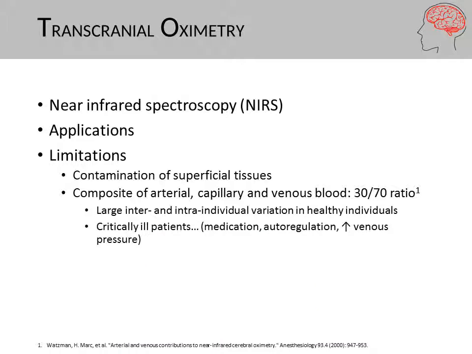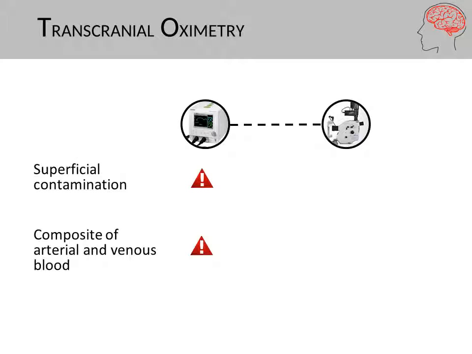But this relative contribution is very variable between patients, and also in healthy patients, and probably even more so in critically ill patients. But of course, retinal oximetry is not contaminated by superficial peripheral circulation, and because we can actually see what we are measuring, we can measure arterial and venous saturation separately.